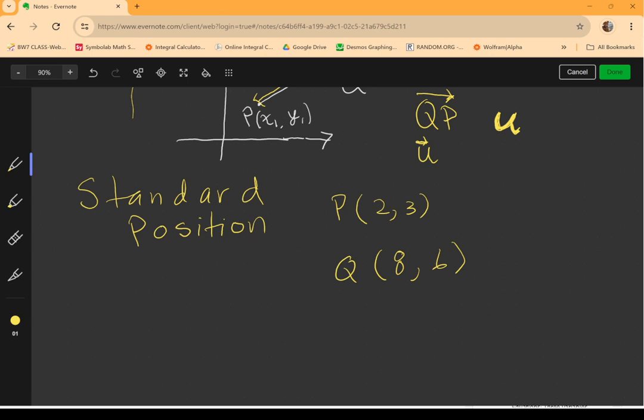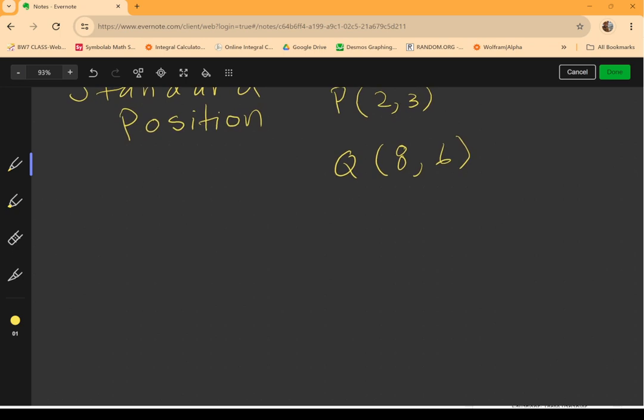Now let's graph these. P is (2, 3), so 1, 2, 1, 2, 3.